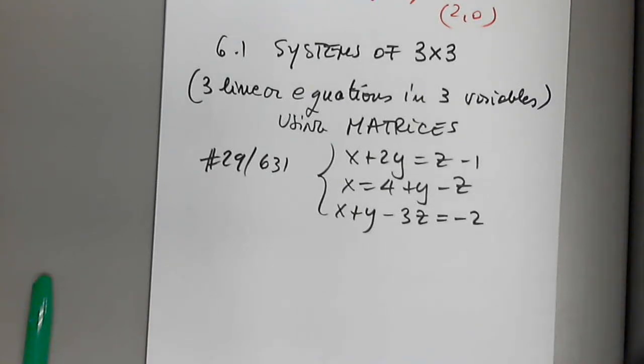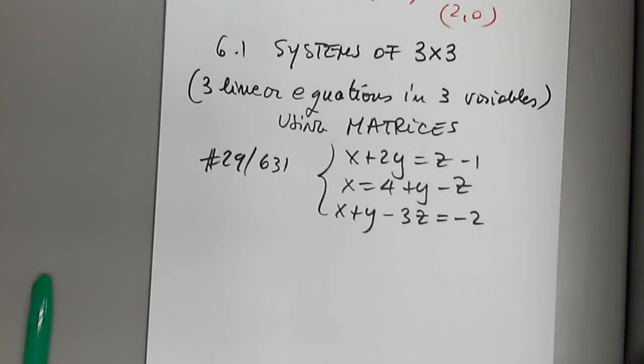Okay, so first of all, this is a system. I see three equations, I see three variables, and they are linear equations. x, y, and z have power 1. Now, one thing that is not good, and it needs to be addressed, is the system is not arranged in the correct order to use the matrix method. All terms with x have to be one below the other. All terms with y, one below the other.